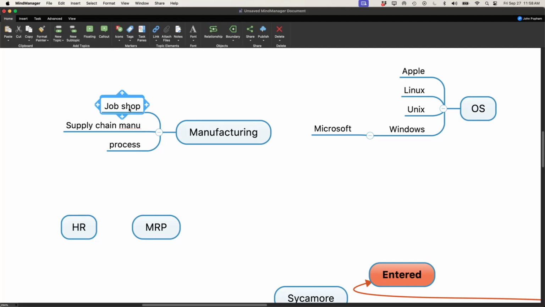One is a job shop that's designed for a unique final product. The other one is supply chain manufacturing where you're making a bunch of final products. And then the other one is process where you're making blends, toothpaste, or things like that.